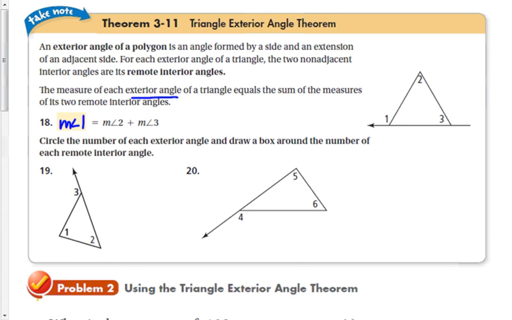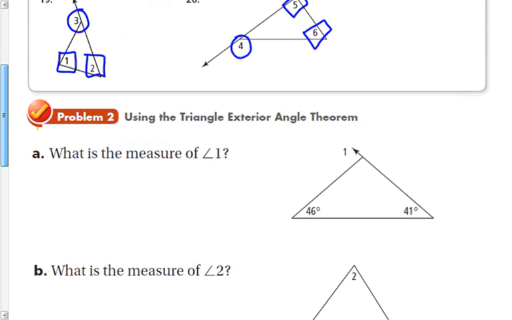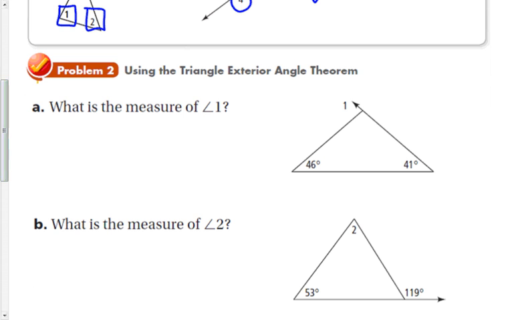And you need to know which are the remote angles. So if this is the exterior angle, then 1 and 2 are the remote angles on the interior. 4 is the exterior, and 5 and 6 are the remote angles there. And we're going to go ahead and use that idea.